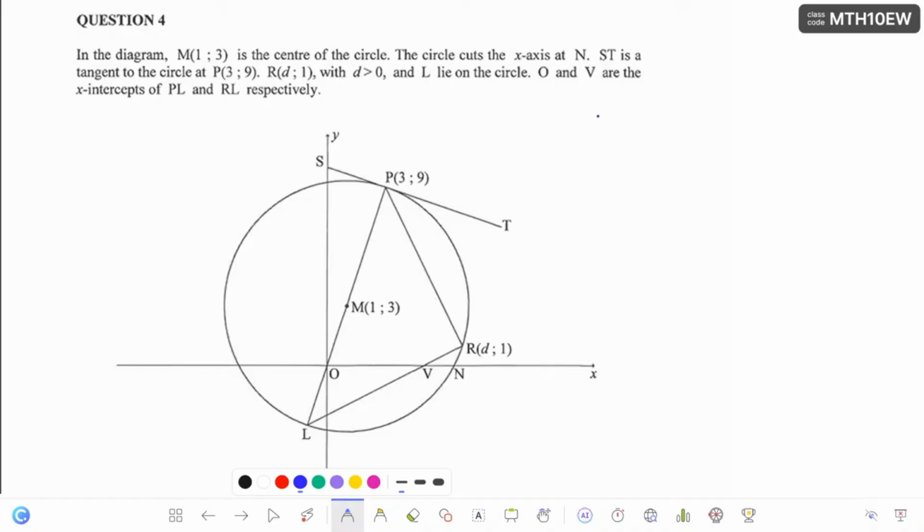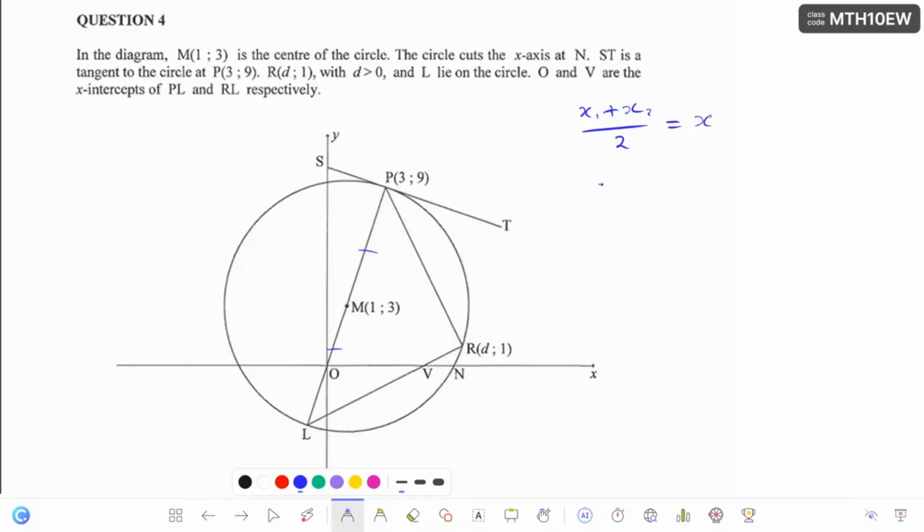So I'm going to use the midpoint because we know that ML is the radius and MP is the radius, and they're both equal. So midpoint is given by x1 plus x2 divided by 2, and this is going to be your x midpoint.